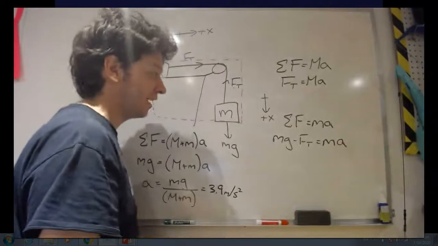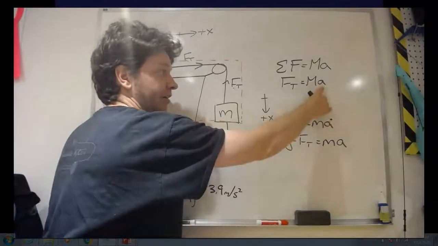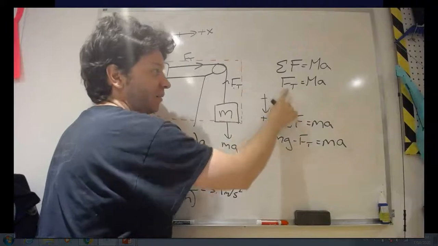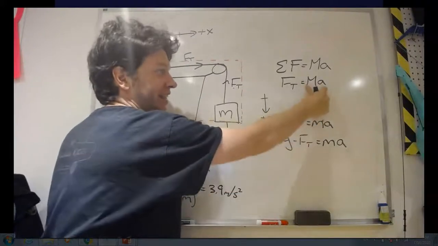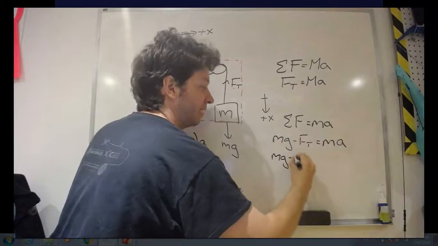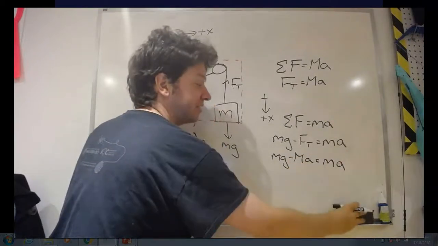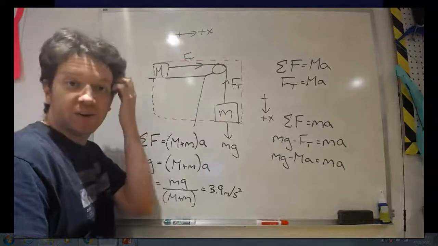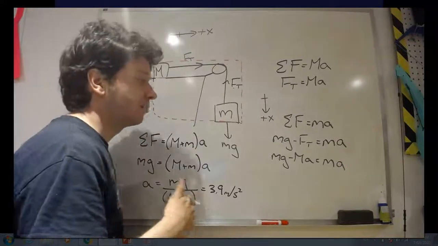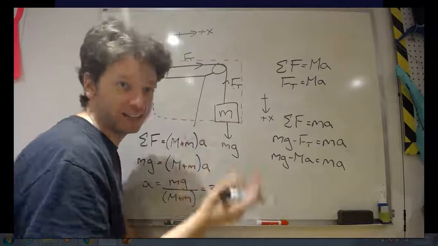So what do we have here? We have two equations with two unknowns, a and FT. But FT equals Ma, so I'm going to take that and sub it in here. So we'll have mg minus big Ma equals small ma. Now you just need to rearrange the equation. Bring all your acceleration terms to one side, factor, isolate, and so on.